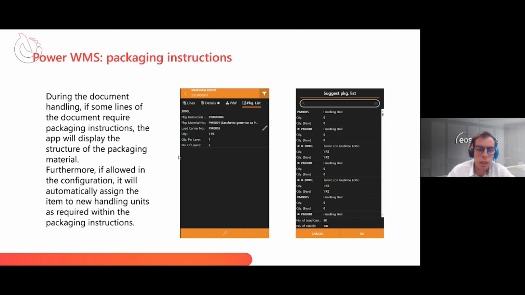For example, in this case, it says that the client requires one piece for each handling unit, and one big handling unit can contain two smaller handling units. For example, the pallet and the carton.